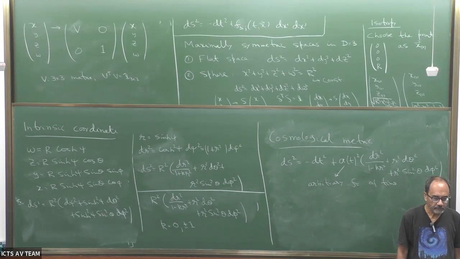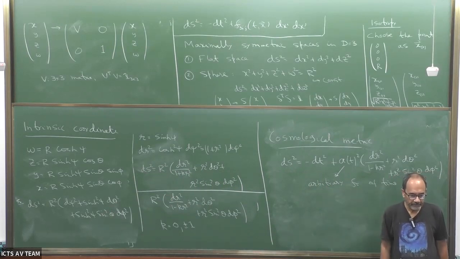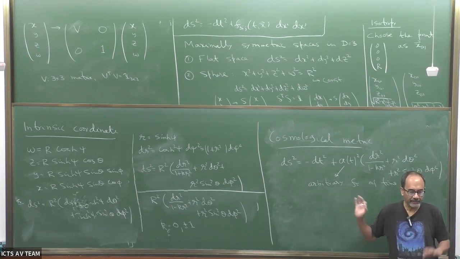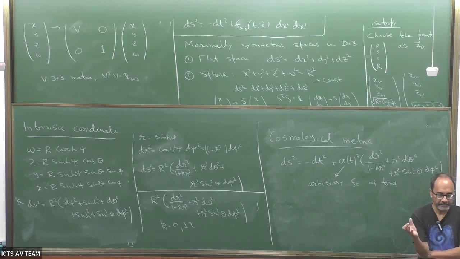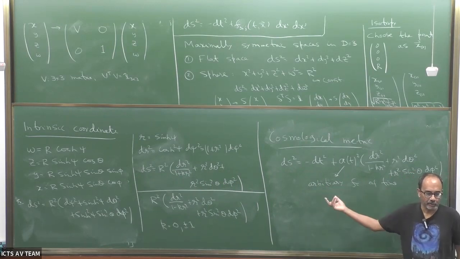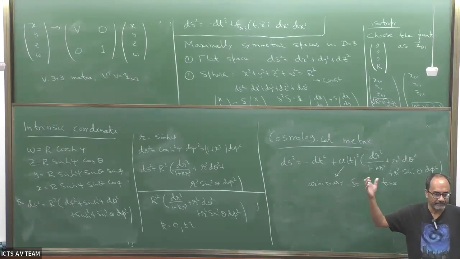Here I have assumed that it's exactly homogeneous and isotropic, so that parameter is not there. It is homogeneous and isotropic at all scales. But when you apply it to the real universe, whatever consequences you find will be valid only over those scales.